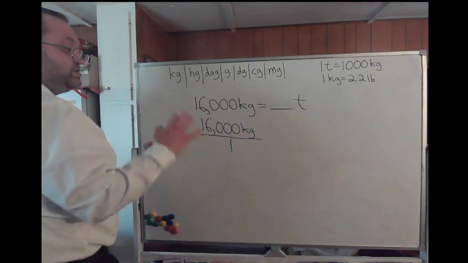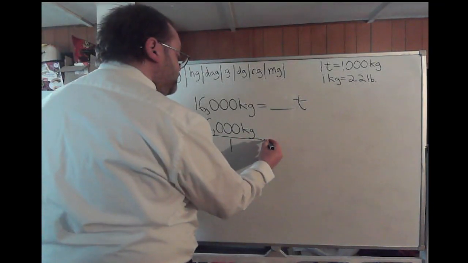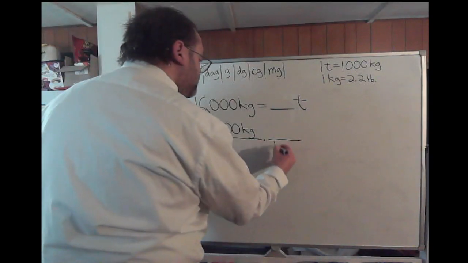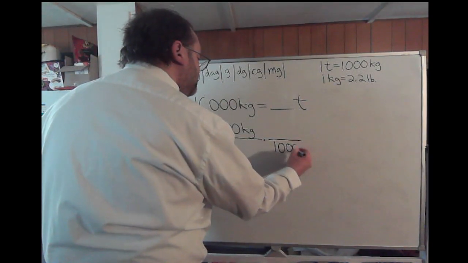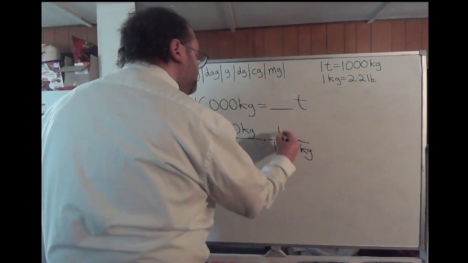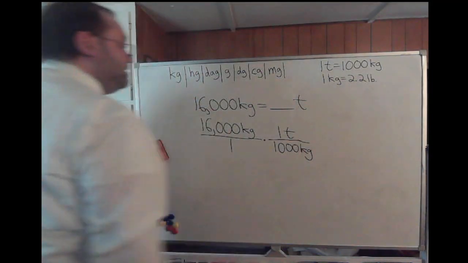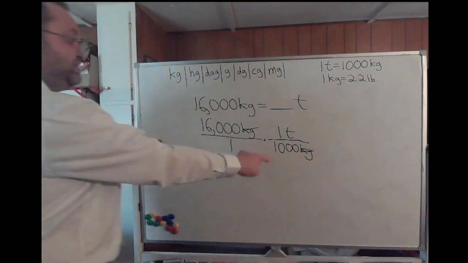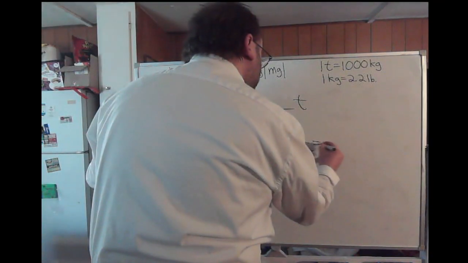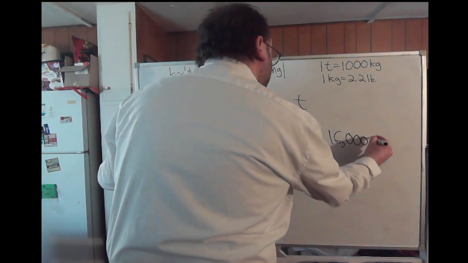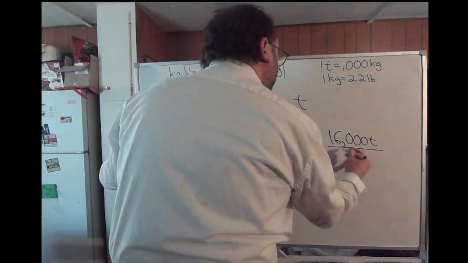Now we want to cancel out kilograms, so in the second ratio, we'll use the fact that there's 1,000 kilograms in 1 metric ton. So now the kilograms will cancel out. You'll just have 16,000 metric tons over 1,000.